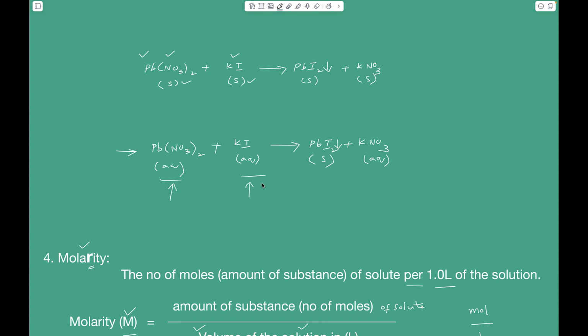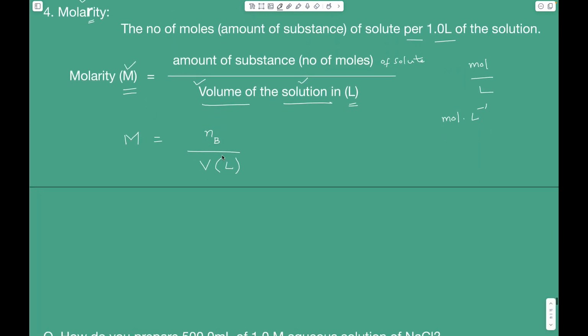Similarly, how do I figure out the number of moles of potassium iodide present in the aqueous solution I have taken? We did not have that problem in this case because we can directly measure their masses because they are pure substances, measure their masses and convert the masses into number of moles. But that is not the case here. Here I am carrying out the reaction between their aqueous solutions. So somehow I must be able to figure out the number of moles of each of these reactants present in their aqueous solutions. How can we do that?